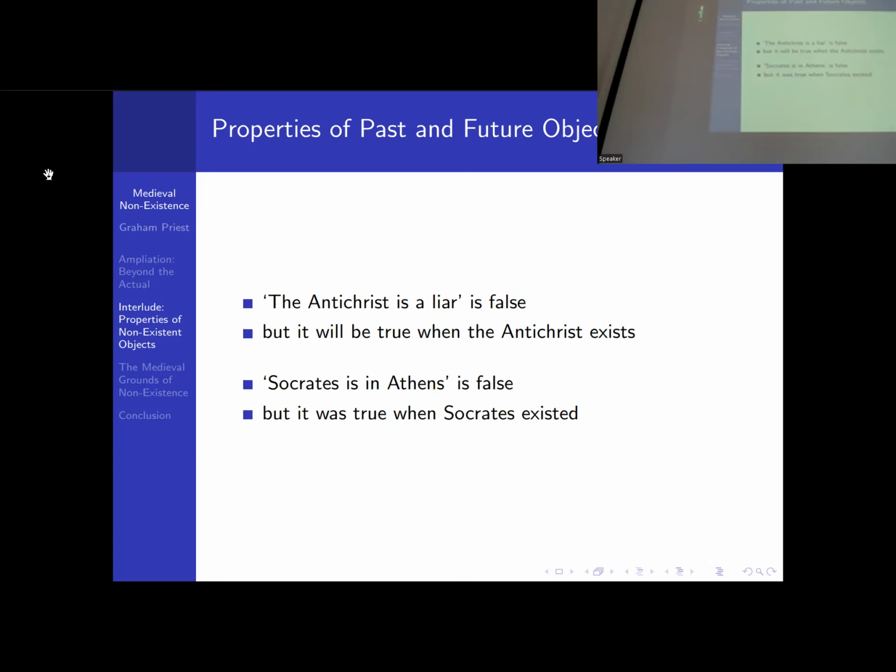Okay, so this is a view that's sometimes called modal monogenism. I don't like the term monogenism for reasons I've already explained, but if you just do the analogy with the temporal case, then a possible object is going to have its characterizing properties at a possible world. All right.